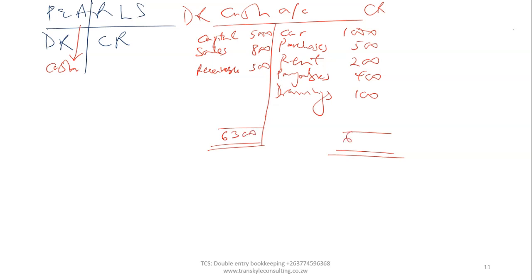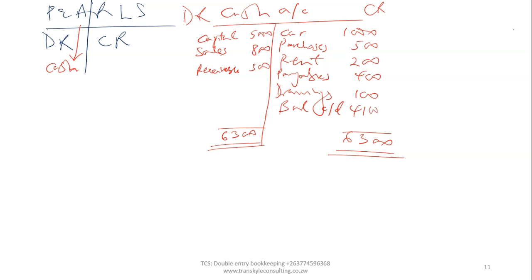6,300. Okay, then you discover that the credit side is smaller, so that's where we are going to have a balance c/d. The balancing figure here is going to be 4,100.